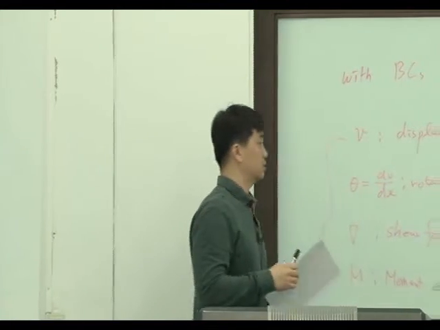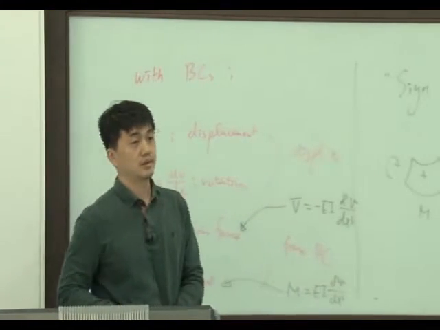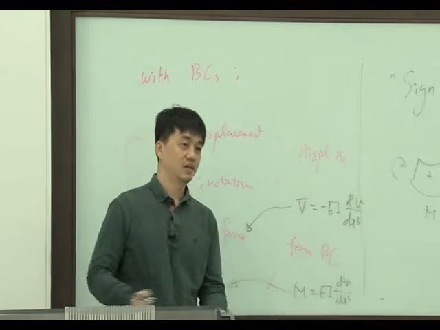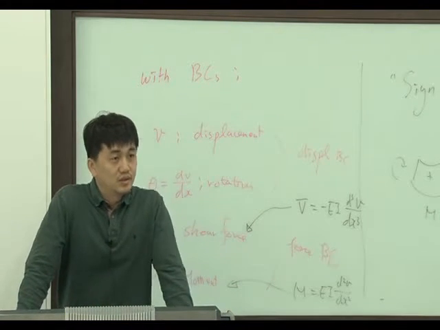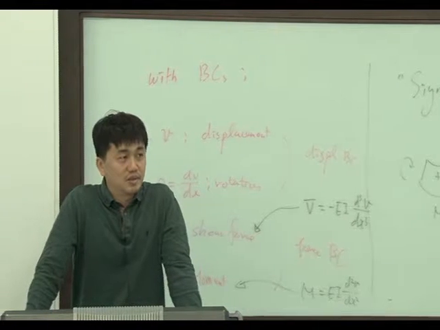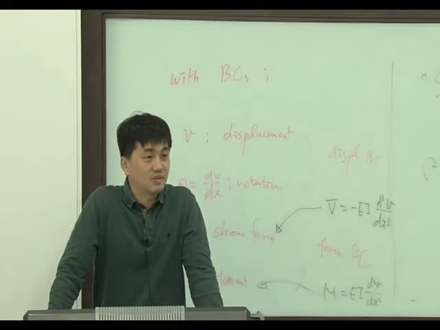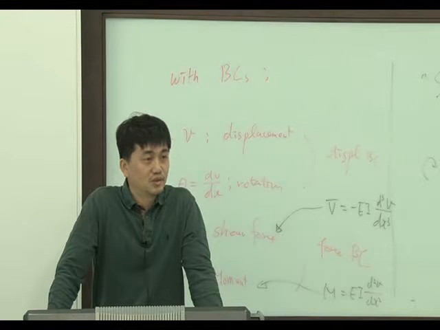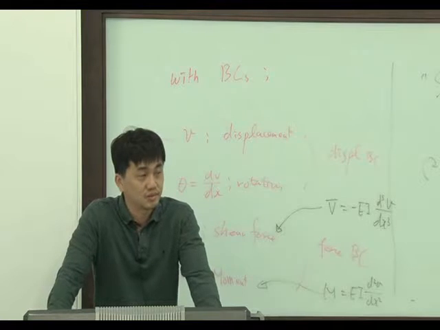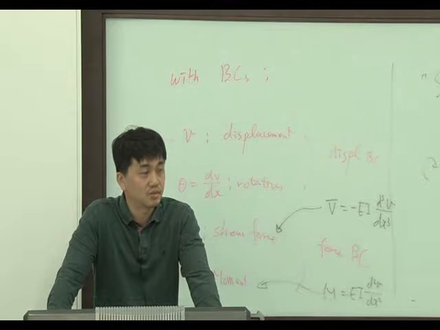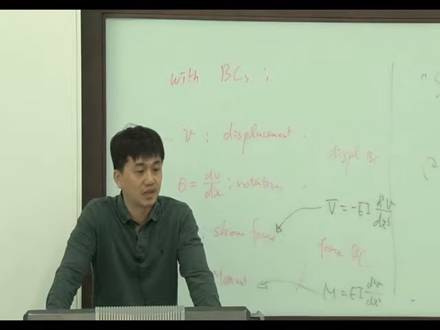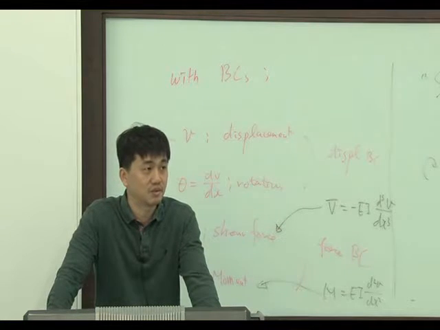Okay, so any question? This is beam theory, and you already know this beam theory, right? This is exactly the same beam theory you learned in your undergraduate school, in some material mechanics class or some simple mechanics class, but the derivation is a little bit different, right?